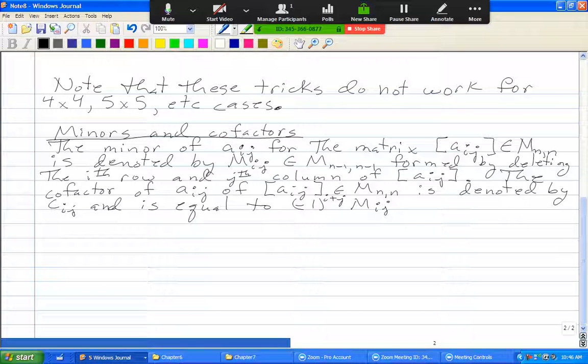Then it turns out that the determinant of some matrix, or maybe I'll write it this way.